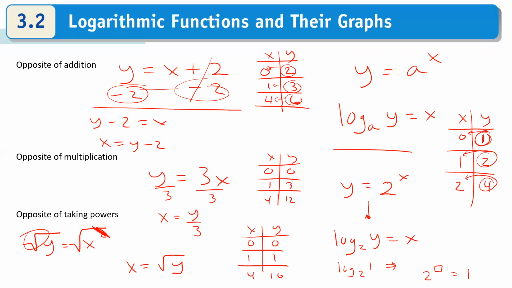So 1 goes to 0. It's going to take a little bit to get used to. That's fine. So I'm going to go to the next one here. Log base 2 of 2. What exponent do you put on 2 to give you a 2? 1. So 2 goes to 1.